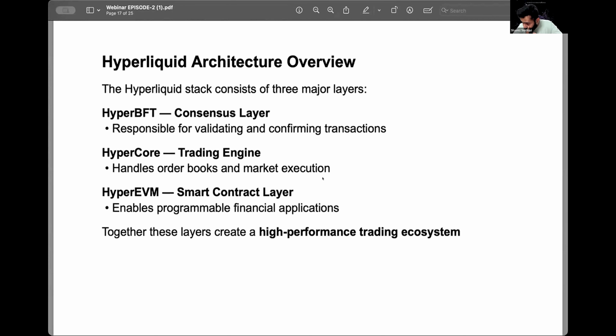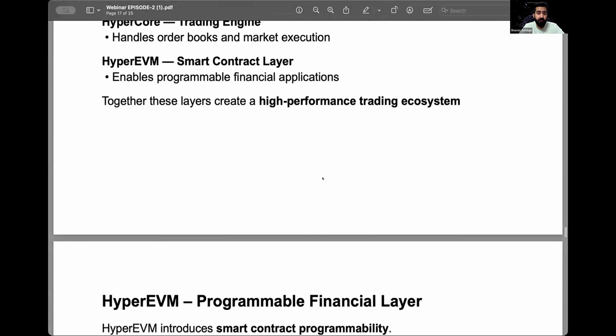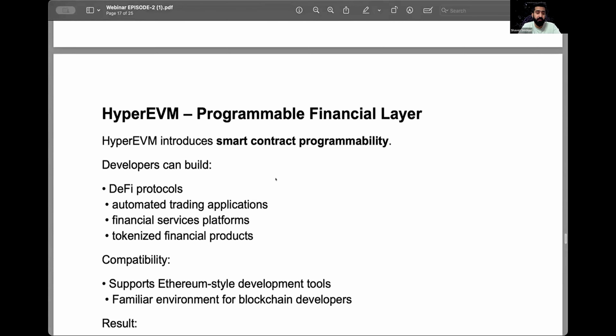So Hyperliquid is a super Herculean infrastructure, a super Herculean ecosystem, a layer specially built for trading. Yesterday I explained these three layers that create a high-performance trading ecosystem.